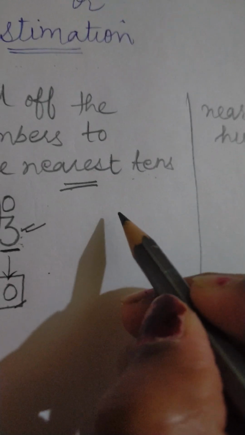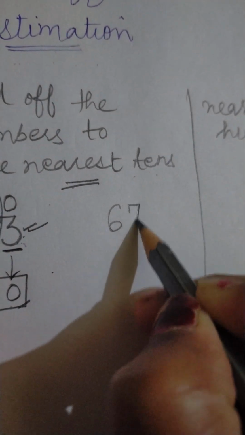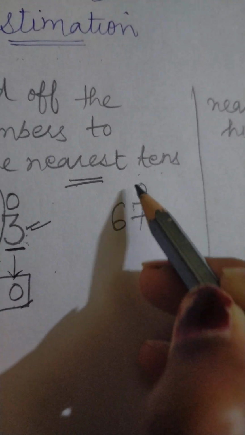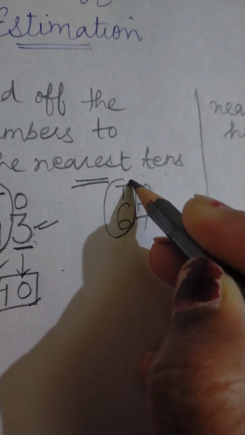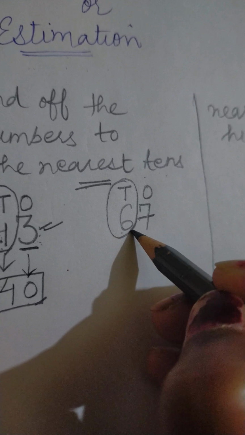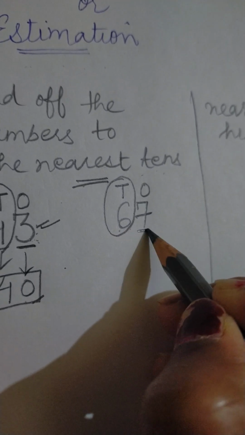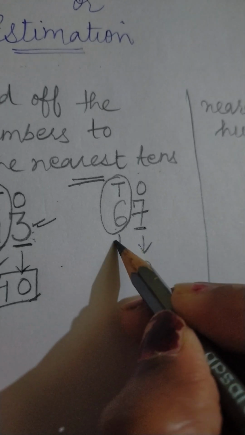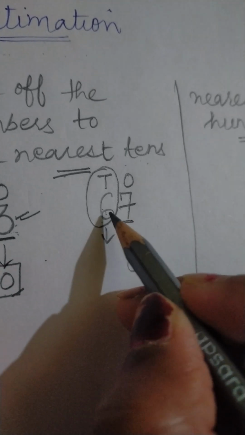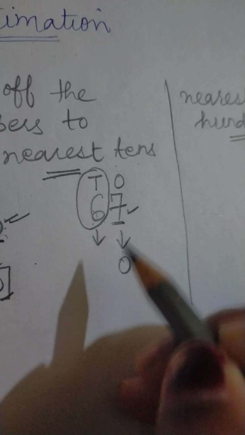Now see one more example. This is 67. Here we will write ones, here tens. This is rounding of the number to the nearest tens. We will circle and underline this. The underlined digit will become 0. Firstly we will observe the ones place digit.